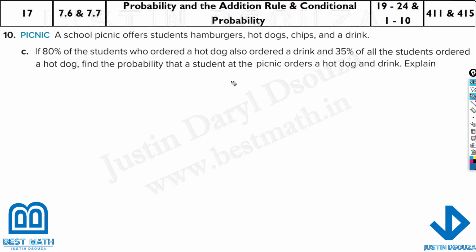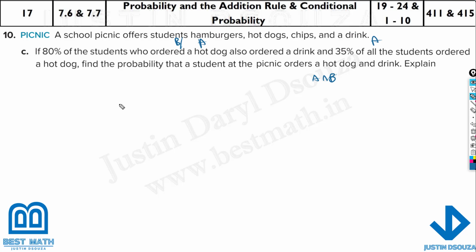And if 80% of the students who ordered a hot dog also ordered a drink, and 35% of all students ordered a hot dog, what is the probability that a student at the picnic orders a hot dog and drink? Look over here. The conditional probability is given. Here, the condition is 35% of all students ordered a hot dog. That is A. Hot dog is A. The condition of B given A is over here, and we need to find A intersection B, hot dog and drink.